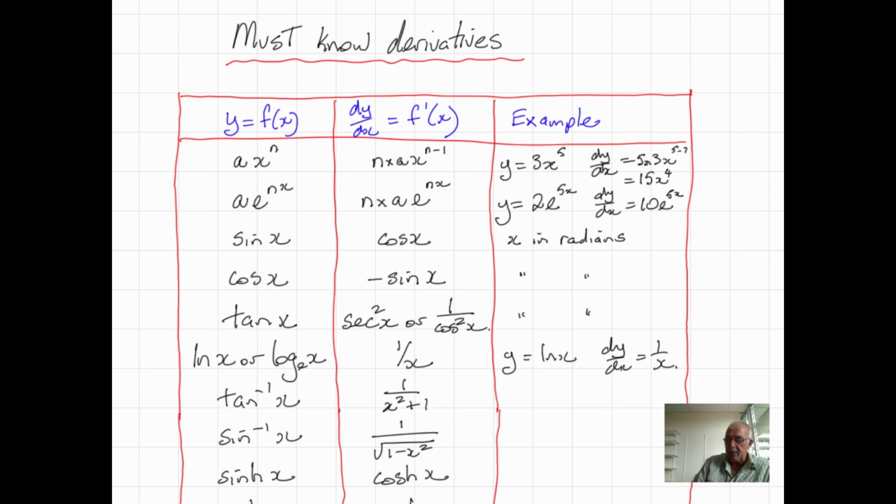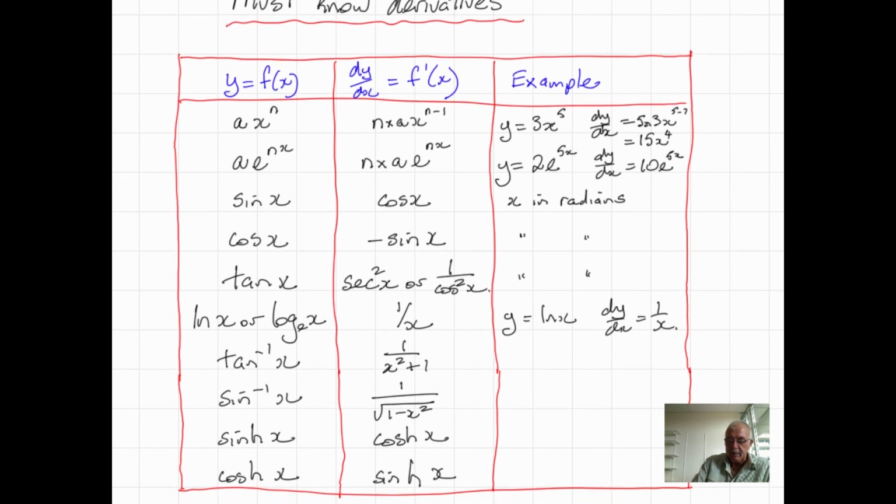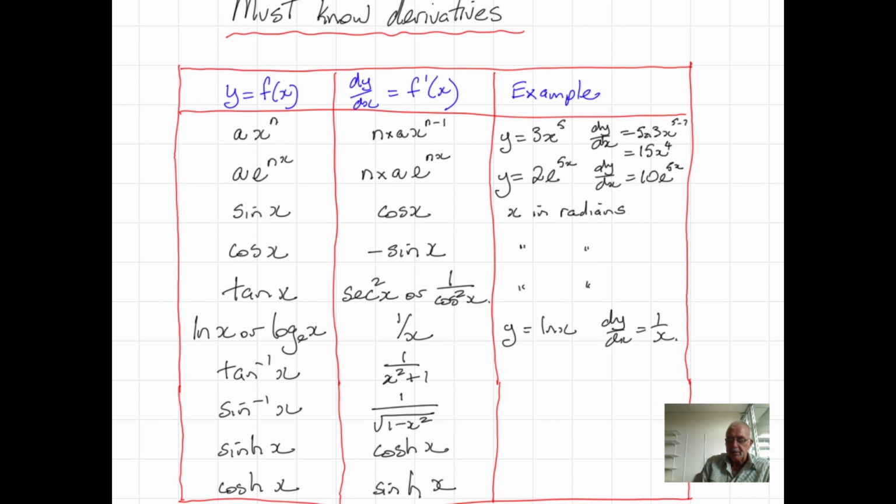And there are a number now of other trig ratios. So we've got the inverse tan function: if y is equal to inverse tan x, then dy/dx is 1 over x squared plus 1. If y is equal to the inverse sin of x, then the derivative is 1 over the square root of 1 minus x squared.